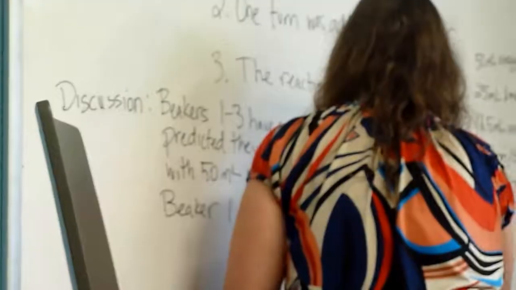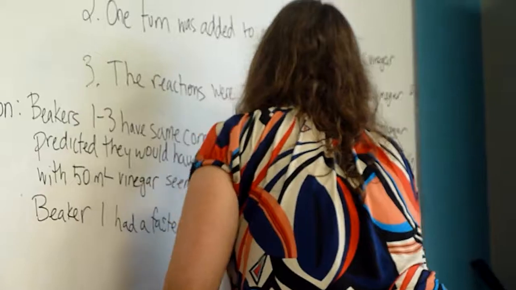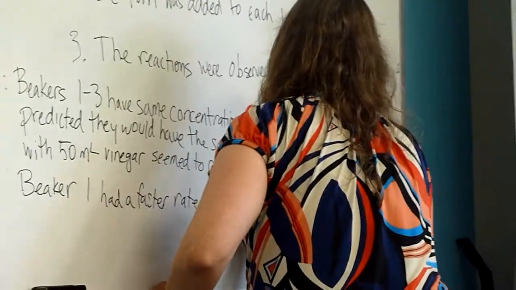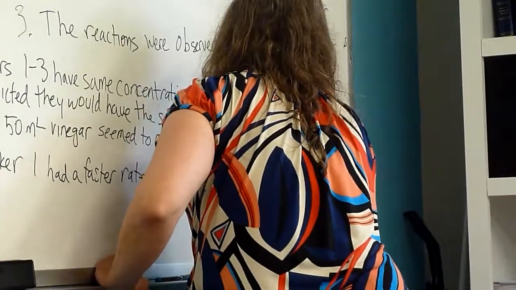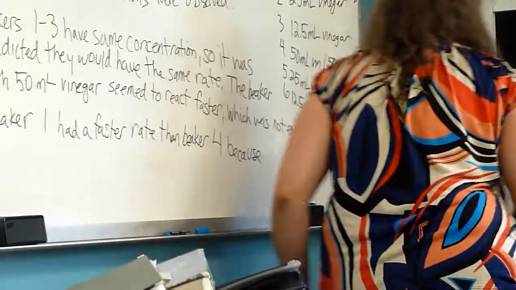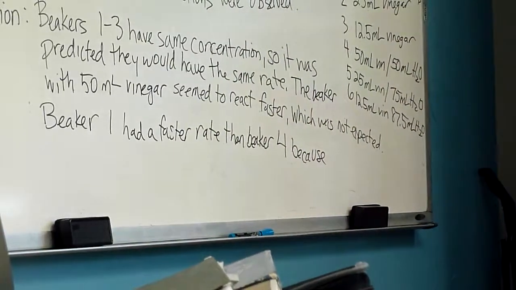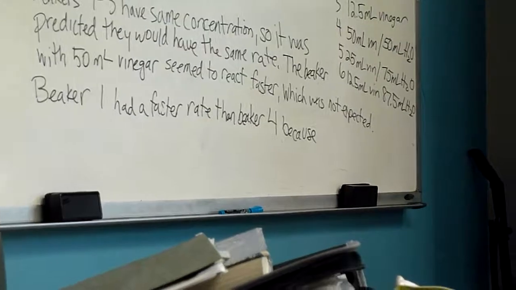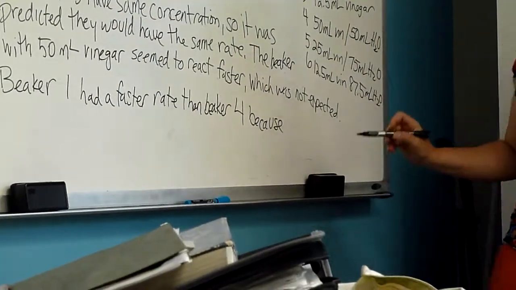So beaker 1 had a faster rate than beaker 4 because of what Joshua just said. Beaker 1 was concentrated, beaker 4 was dilute.